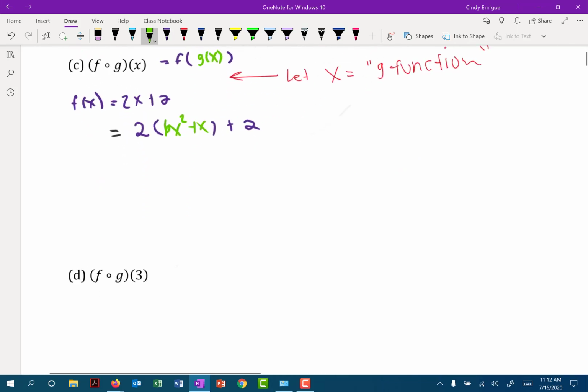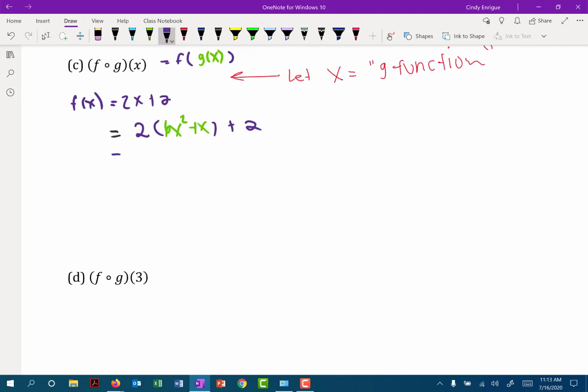From here, I just need to distribute. So I'm going to have 12x squared plus 2x plus 2. So now I have that f composed with g with respect to x is equal to 12x squared plus 2x plus 2.